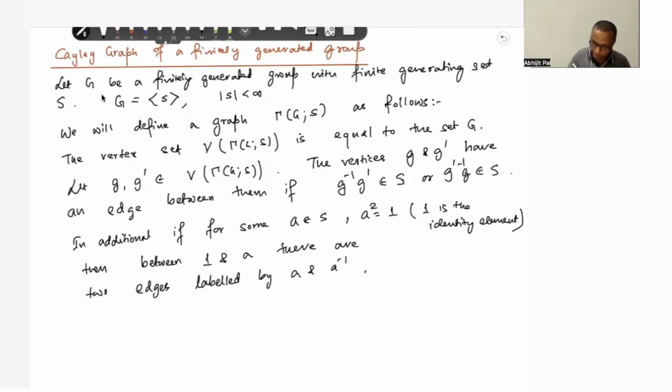So suppose this a squared is equal to 1. Then a will be equal to a inverse. So between 1 and a, we have an edge which is labeled by a, and from a to 1 again you have this edge. You can give a direction. So this is a inverse.